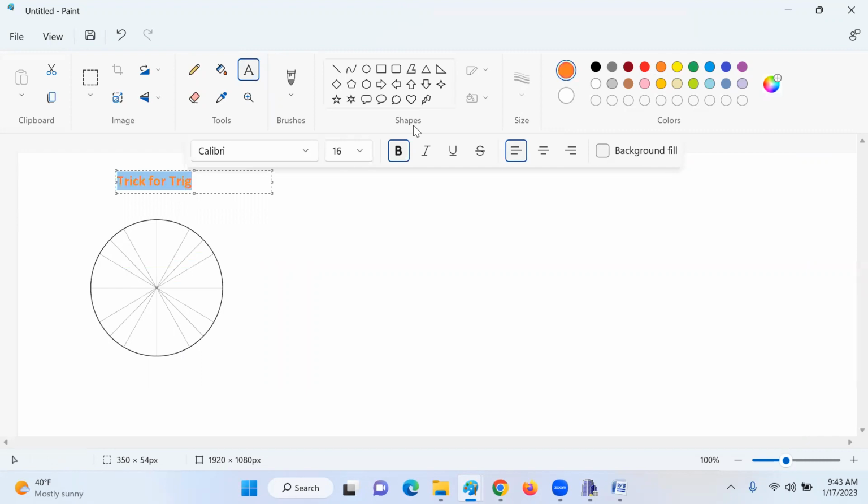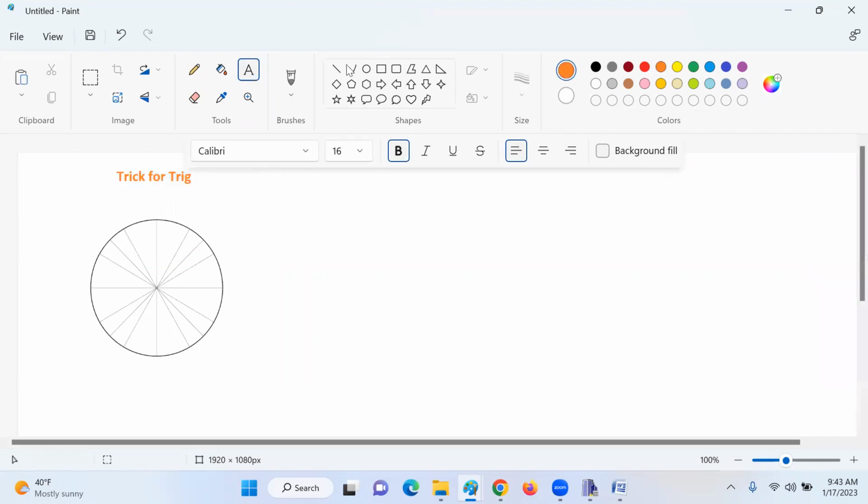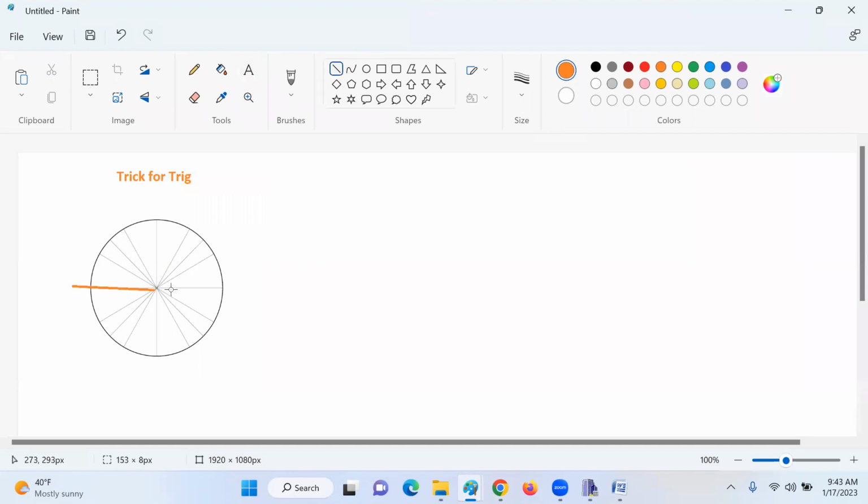Literally, it's not something that's really complicated, but we need to understand there are 4 different quadrants, right? And then we're going to take this into account later on.